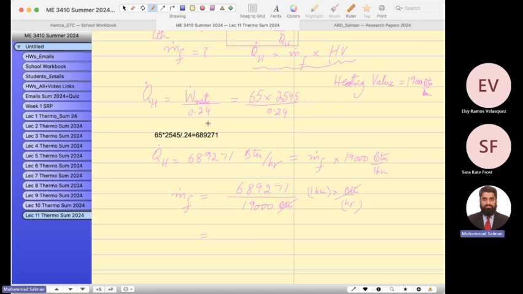So if I do the math here, 689,271 divided by 19,000, I got 36.28, you can assume. So this much fuel is being consumed, this many pounds per hour. This is your answer.